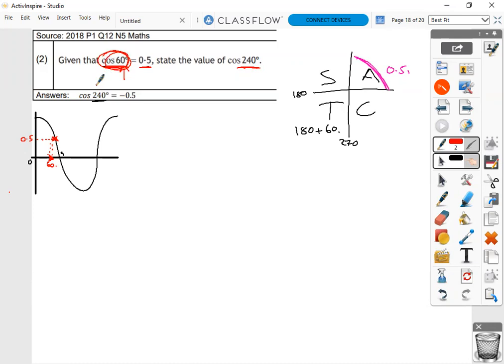So cos 60, and cos of 180 plus 60, which is cos 240, will also give us 0.5, but it's going to be negative in that quadrant. So when x is 240, we're going to get negative 0.5.